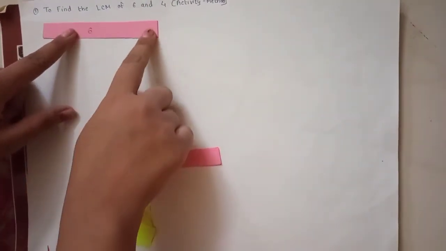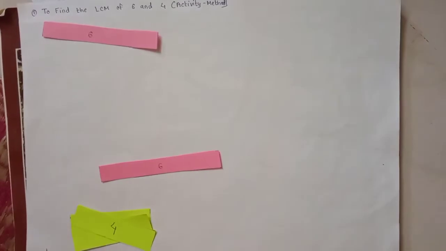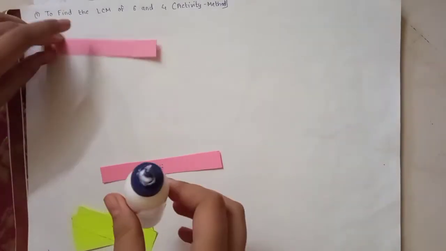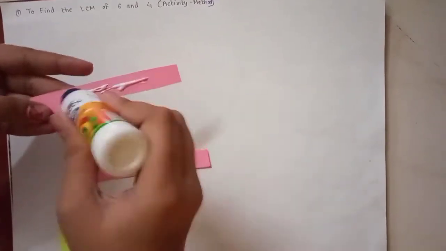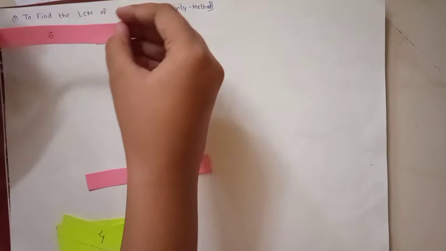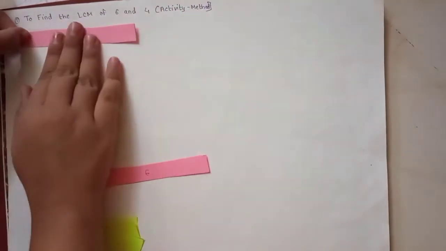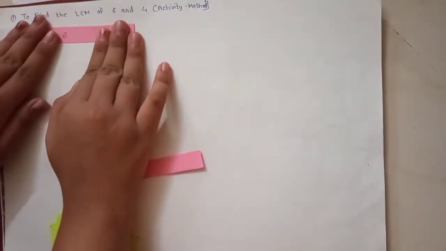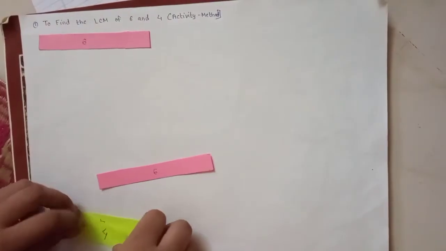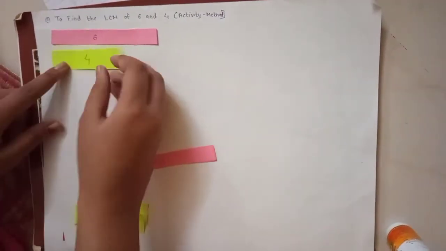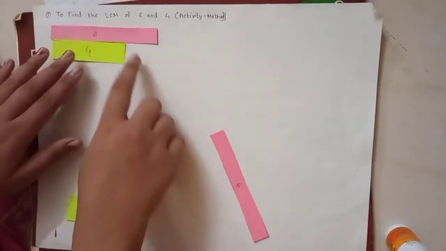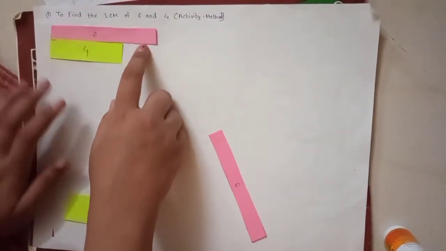First we have to stick the 6 number strip like this with the gum. And here now 4 number strip below this strip. Here you can see there is a place left.